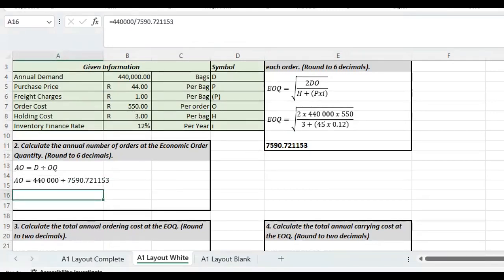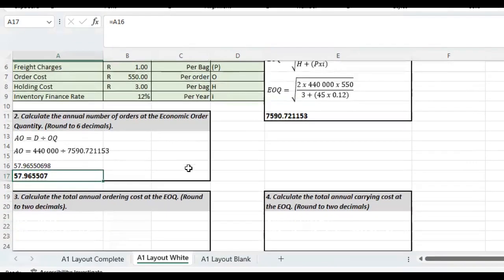That will give you an answer, and in this case I stuck to the 6 decimal points. I know they say don't, but really if you have 6 decimal points and you work to rand and cents, your two amounts are still going to be exactly the same. So I think I was still thinking of the previous time when we had to work with six decimal points, so I stuck to the 6 decimal points.